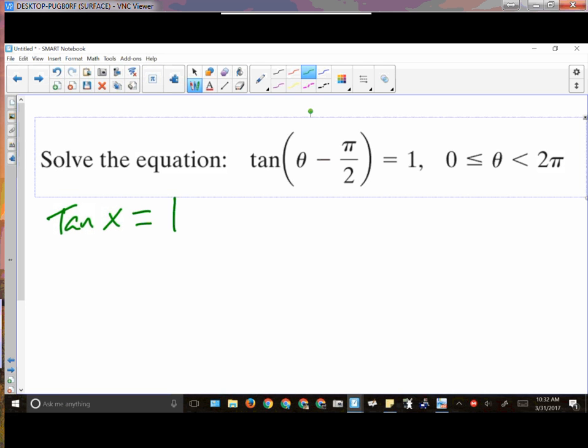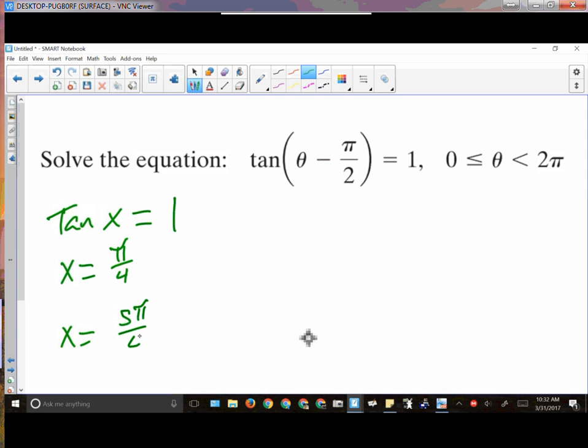So that means sine over cosine would have to be exactly the same. So that means our x would have to be what? Pi over 4, and x could also be at 5 pi over 4. Okay, so we've got those, correct? Does that make sense?